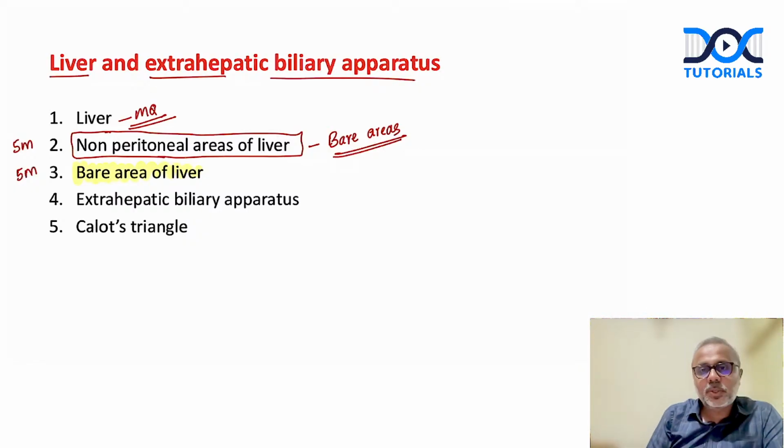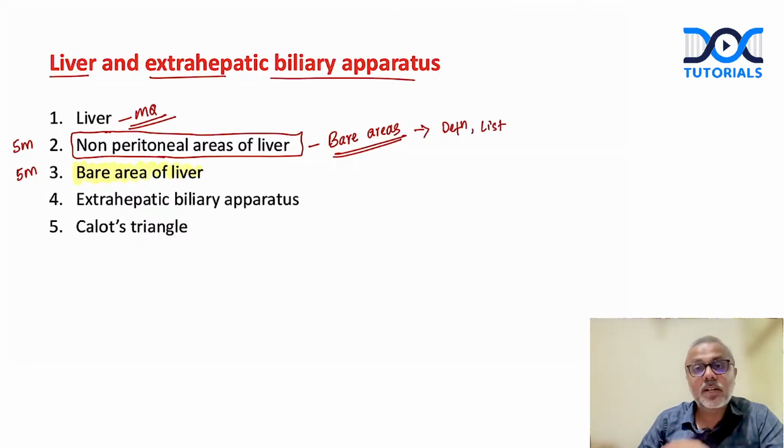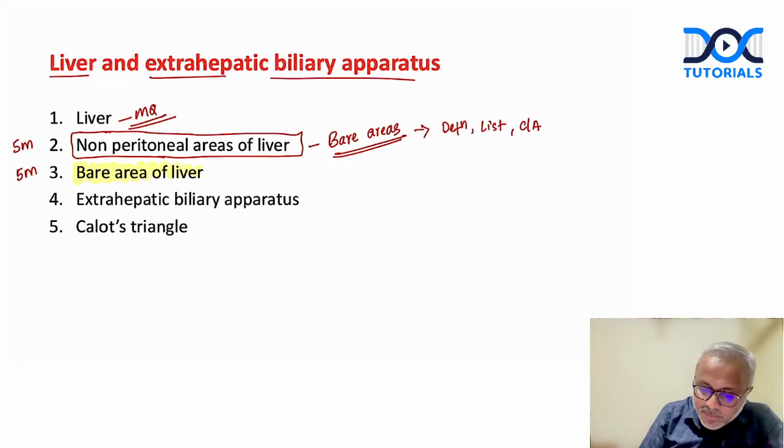In the non-peritoneal areas or bare areas of the liver, you need to define what are bare areas of the liver. You need to list what are the bare areas of the liver that we have, and then maybe talk a little bit about the clinical anatomy, right? If bare area of the liver is asked, again, you define what is bare area, then talk about the boundaries, right?